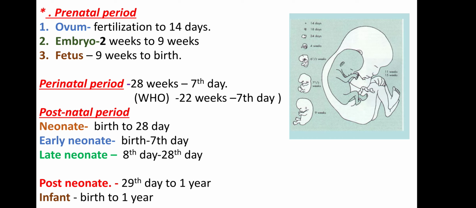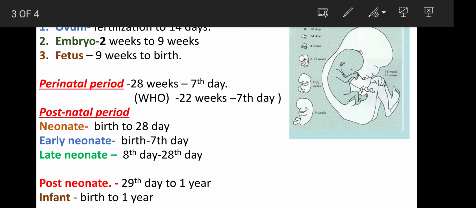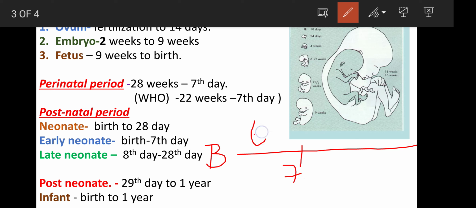Lastly, we have post-neonate. Who is a post-neonate? Post-neonate is from the 29th day to 1 year. So we see that from birth till the 7th day we have early neonate, from the 8th day to the 28th day we have late neonate.